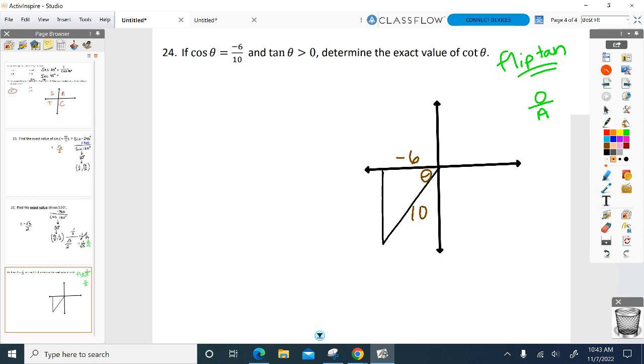I need O over A though, right? So I'm missing the side, aren't I? How can I find the missing side? Pythagorean theorem, right? Pythag. -6 all squared plus b squared equals 10 squared.